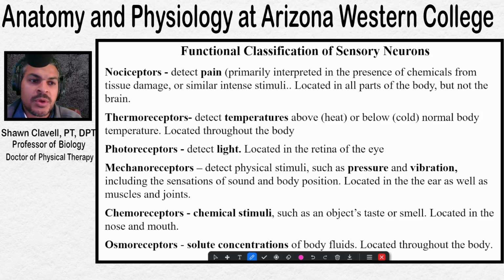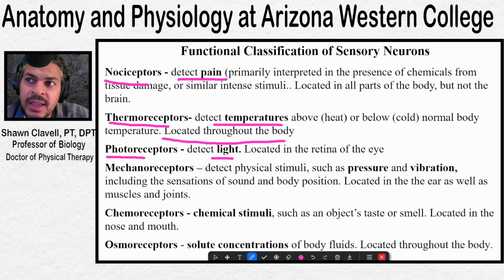And then finally, we'll classify the receptors functionally, and that is based on the stimulus that they receive. So you can see here that nociceptors detect pain, primarily interpreted by the presence of chemical or tissue damage. Thermoreceptors detect temperature. They're located all throughout the body.